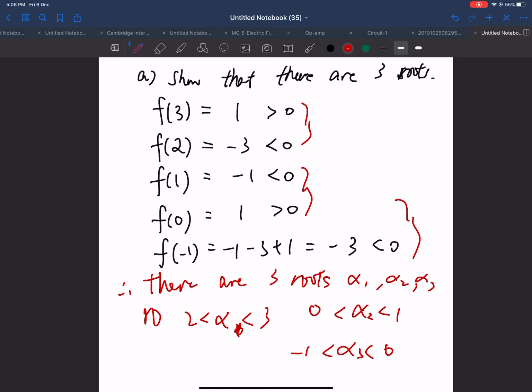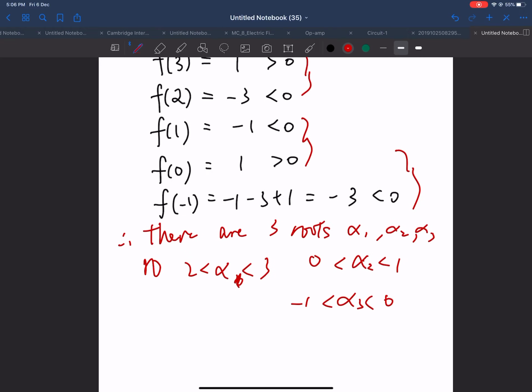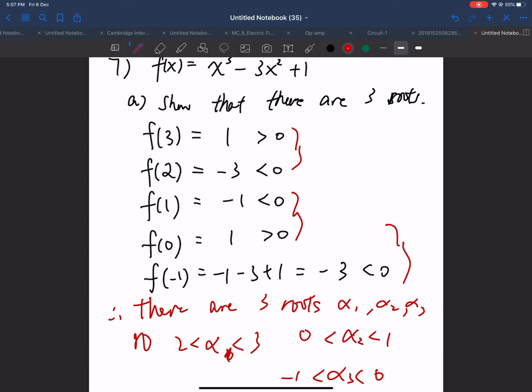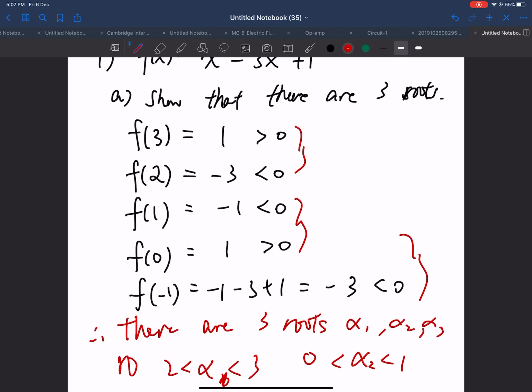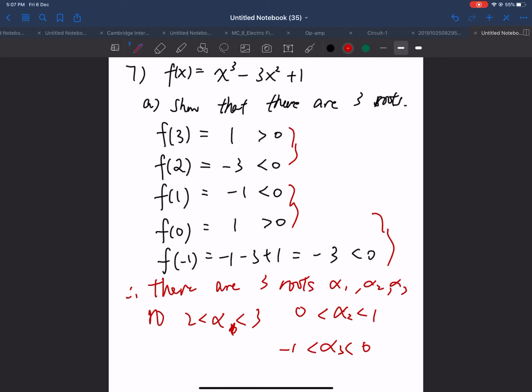What about B? Let's go on to part B, okay? Part A should be quite simple. What is that? Alpha 1, alpha 2, alpha 3. What's that? You know the number. What does that say? No, nothing. Oh, yo, who's this?